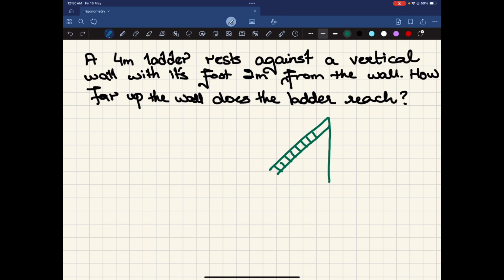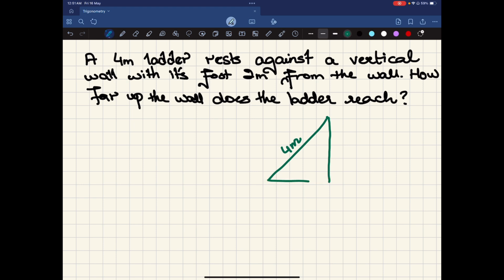But for simplicity, we're going to just assume that this line is the ladder. Okay, so it is a 4-meter ladder with its foot 2 meters from the wall. So this is the wall and this is the foot of the ladder. So this is 2 meters apart.